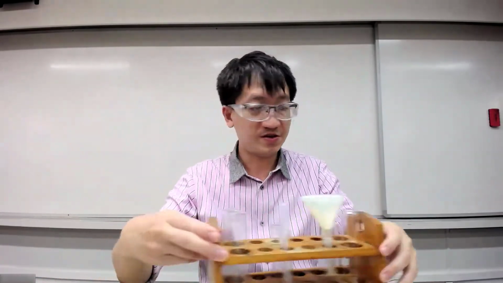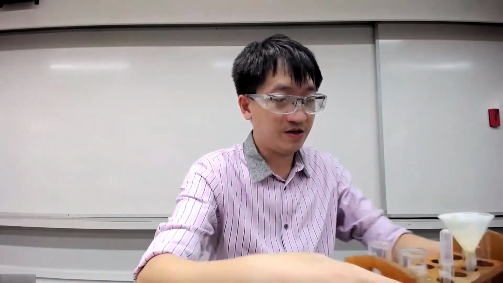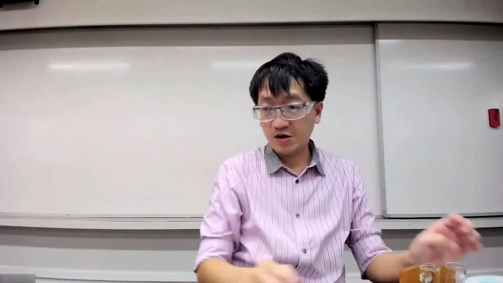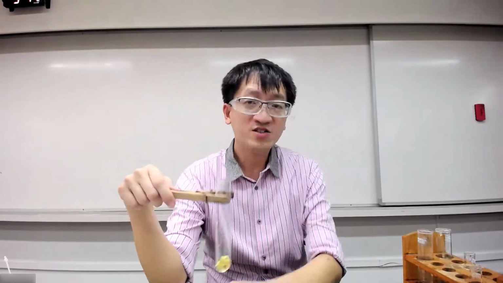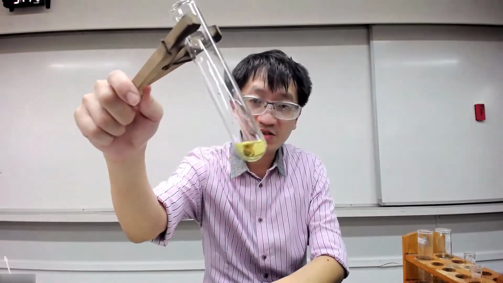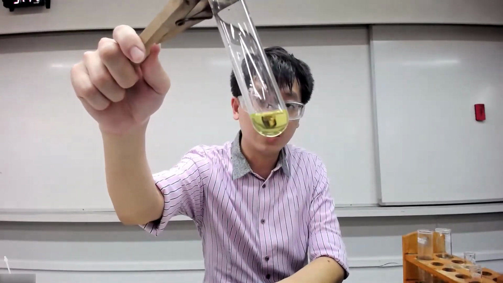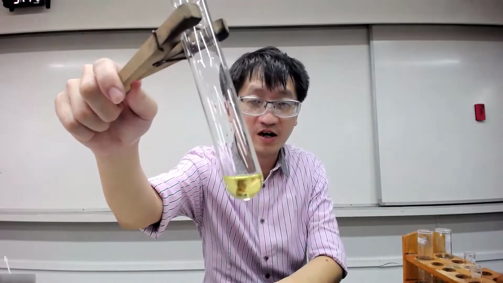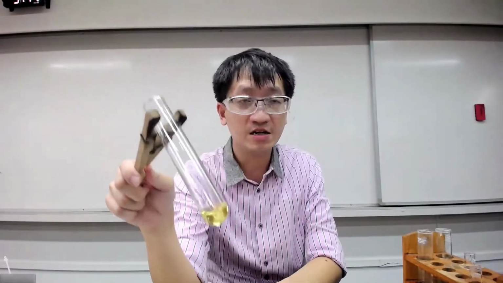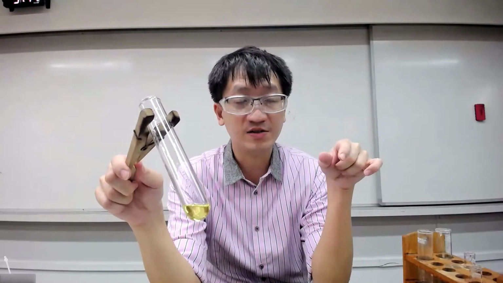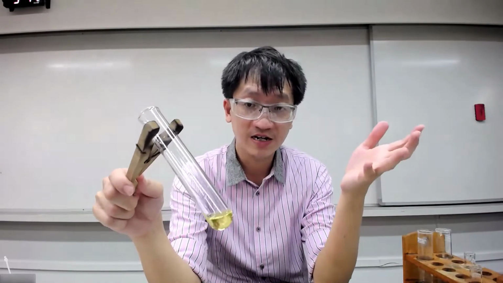I'm going to shift this here so that you can see the flame. So for C part 1, this is the yellow solution which is obtained as the filtrate when we added hydrochloric acid to iron(III) hydroxide.